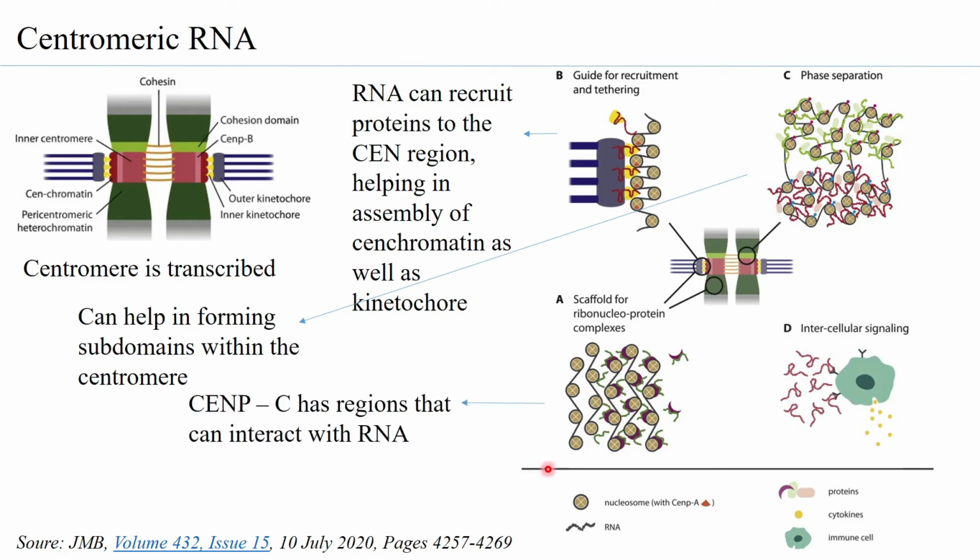Then one indication is that CENP-C, which we know directly binds to CENP-A, can also bind to outer kinetochore proteins. It seems CENP-C has domains that can interact with RNA. So the binding of CENP-C to the RNA is already forming the ribonucleoprotein complex, and that complex is more stable or more interactive to bind to the kinetochore outer complex proteins.